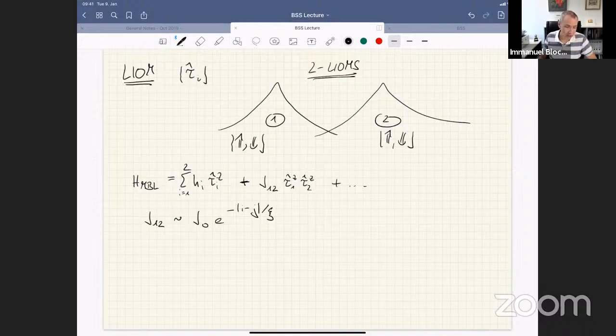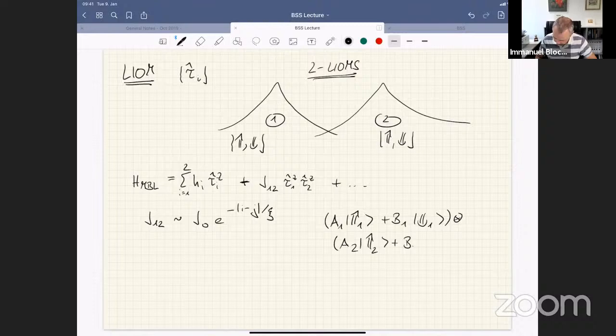And now let's consider a general initial state. It would be a superposition of these different tau z states. So let's consider, for example, a state where I have the first LIOM in the state A1 up_1 plus B1 down_1, tensor A2 up_2 plus B2 down_2. And for simplicity, let's set all these coefficients to 1, just to have equal weights, and just for the sake of argument to see the dynamics of the system.